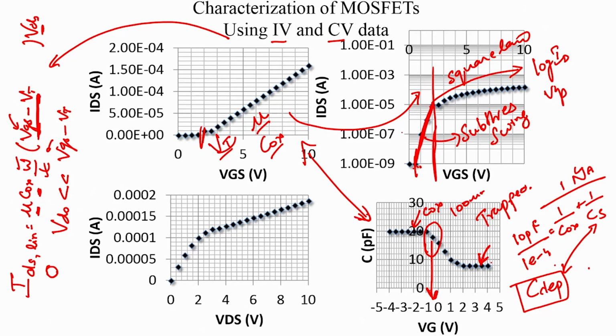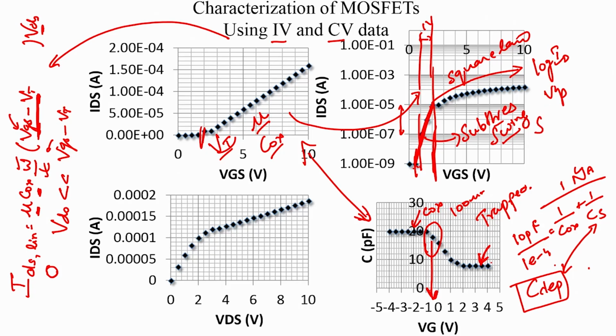Okay, so, this is 2 decades up in current, and we do not have a gate voltage scale, we have a scale here. So, the gate voltage required is about 1 volt for the current to travel up 2 decades, and therefore, it is 1 volt divided by 2, which is 0.5 volts per decade as the subthreshold swing. That is how you calculate the subthreshold swing.